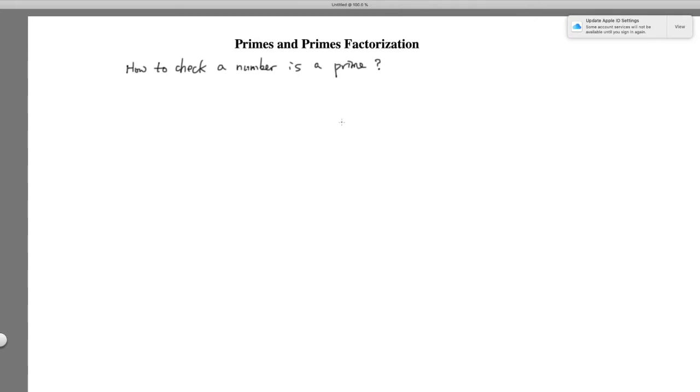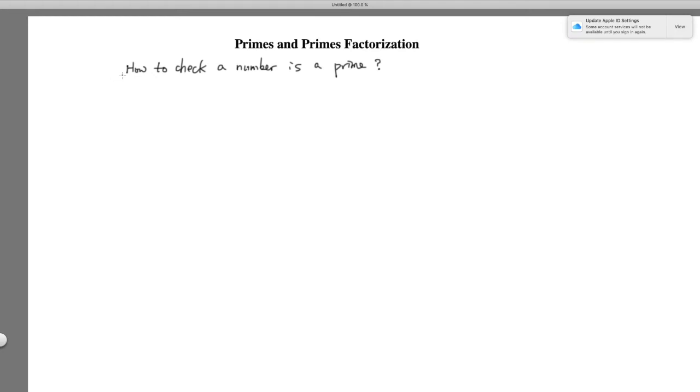We don't have a better way other than trial and error. Remember, the definition of a prime is that it only has two factors, 1 and itself. So if we can find a factor other than 1 and itself, then we know that number is not a prime.